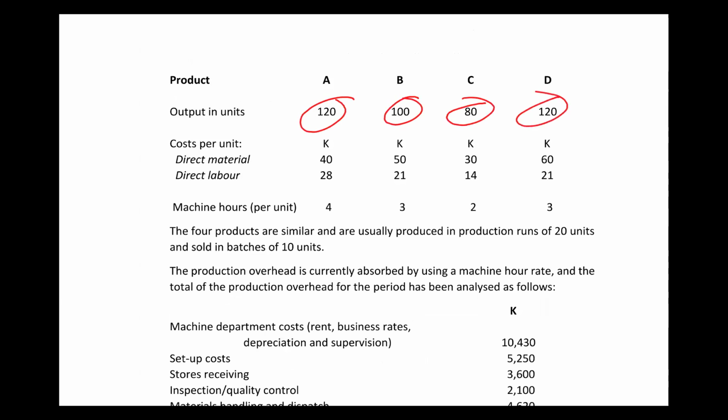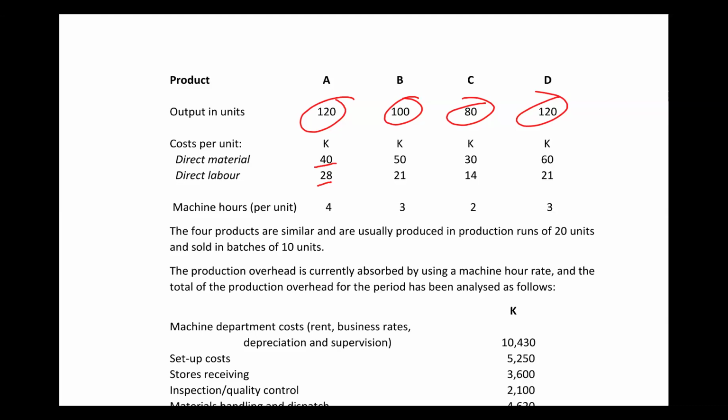We are told that the cost per unit for direct labor is 28 kwacha per unit. For material it is 40 kwacha per unit, which simply means we wanted to establish the prime cost, which is just the cost made up of direct costs.